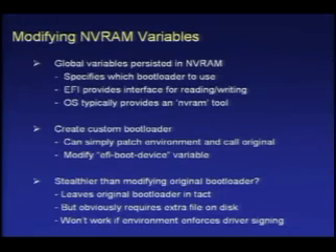Modifying the non-volatile RAM variables. As I said, these specify which bootloader we want to use. There's an interface for us to do this from EFI. If you run the nvram tool from OS X, it lets you dump and modify the variables. We can create a custom bootloader. We can set the EFI boot device and tell the system to use that.